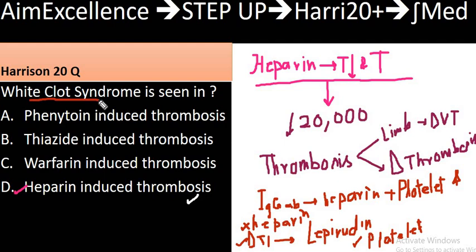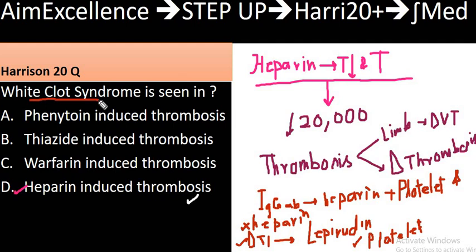We have given all the important data. When the platelet count drops below 20,000, the symptoms appear. Then there is thrombosis because of the formation of IgG antibodies against the complex of heparin and platelet factor 4.